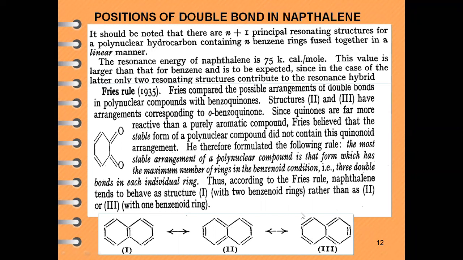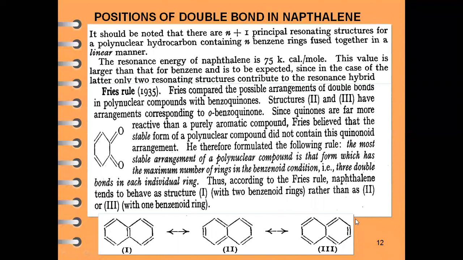No doubt there is a continuous migration of double bonds in all these structures of naphthalene, but according to the Fries rule, naphthalene tends to behave as structure 1 with 2 benzene rings, rather than structures number 2 and 3 with 1 benzene ring.